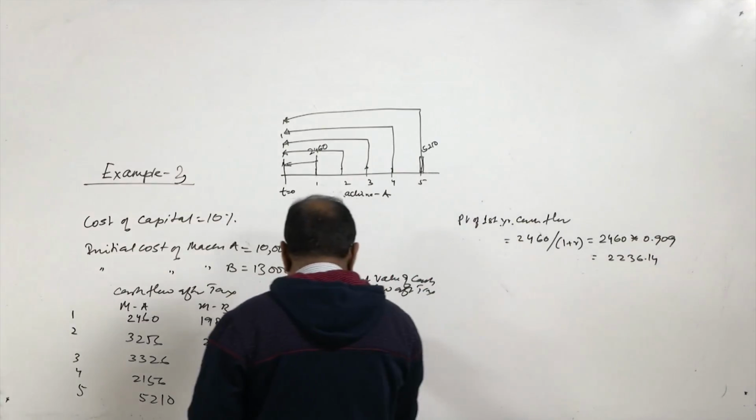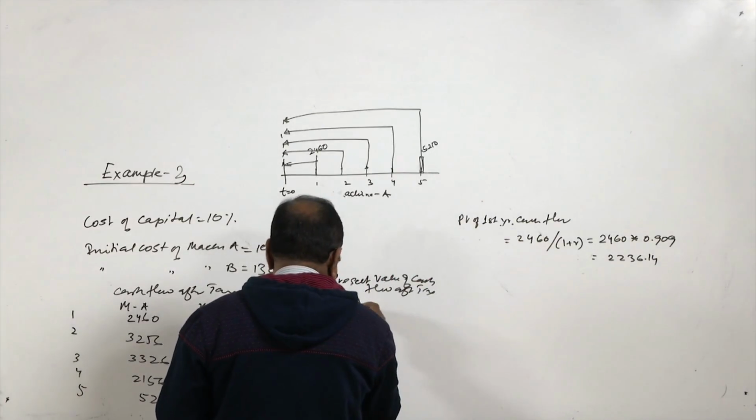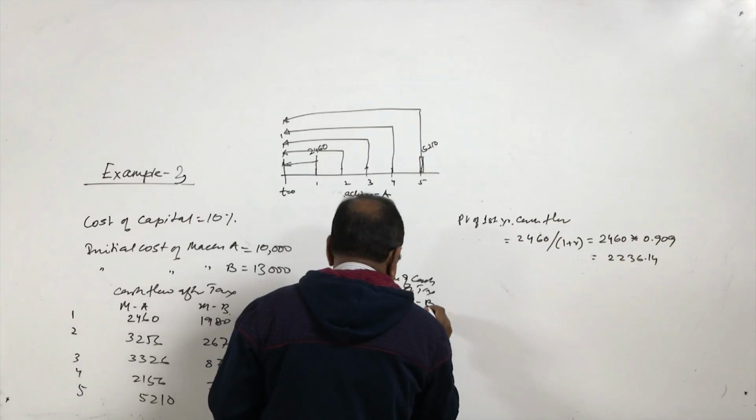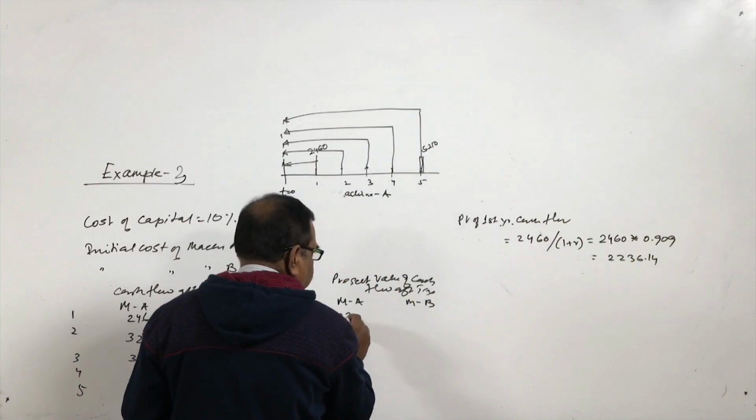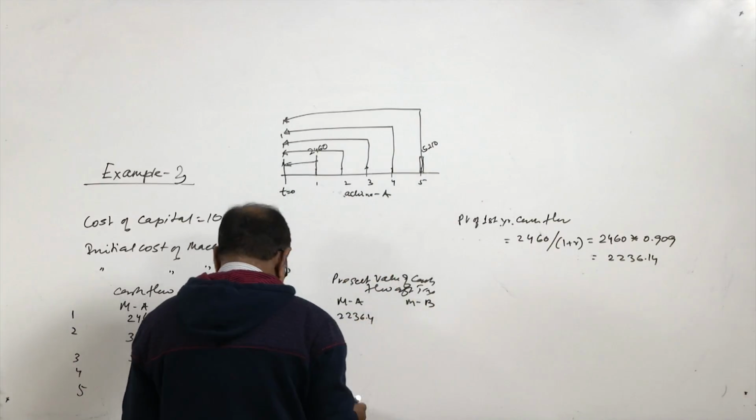So, this will be machine A, machine B, this is 2236.14.